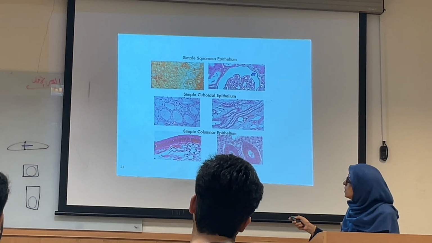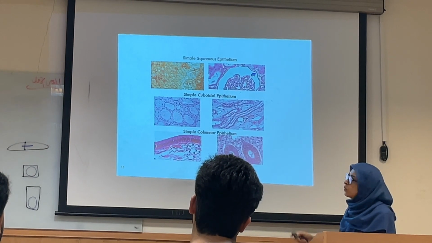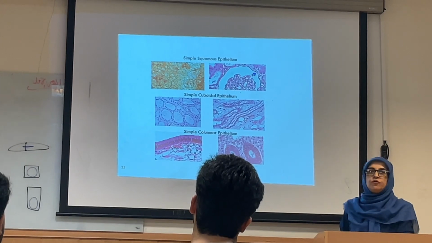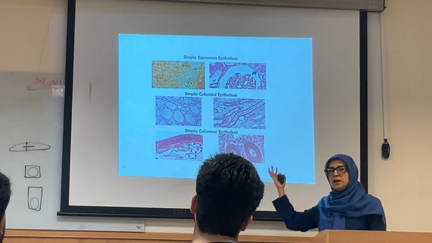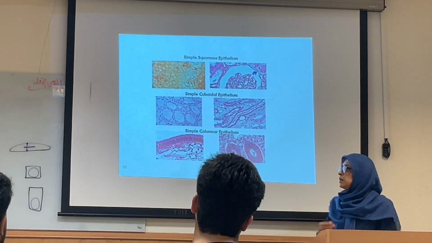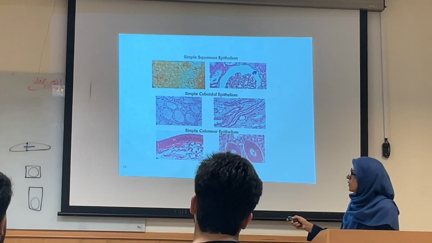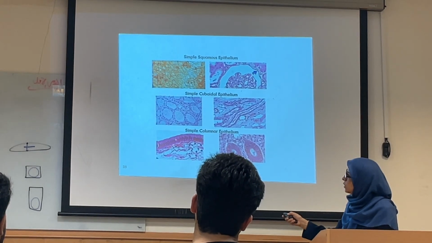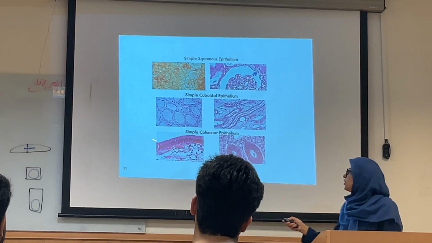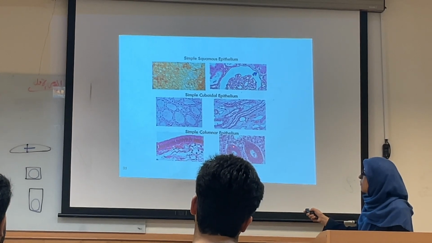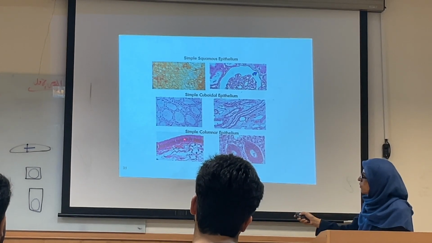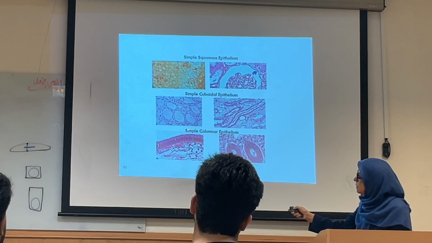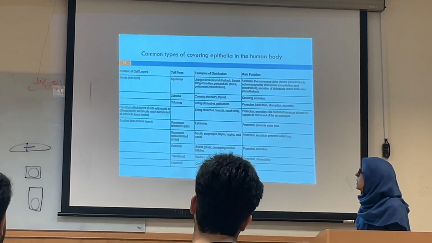They are just in one layer. This picture shows the thyroid follicles that we see in the practical. Columnar: the height of the cells is more and the nucleus has an oval shape, that we can identify here. One layer of cells, simple, columnar shape, oval nucleus.